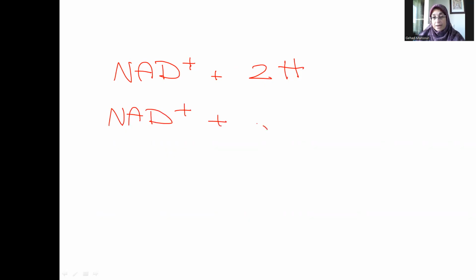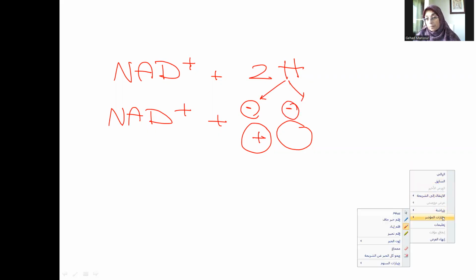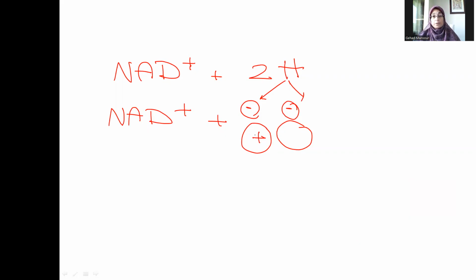We can represent every hydrogen atom as a proton in the nucleus and the electron outside. So this is the first hydrogen atom and this is the second hydrogen atom. One of these electrons will be used to reduce NAD. So this electron will reduce NAD.